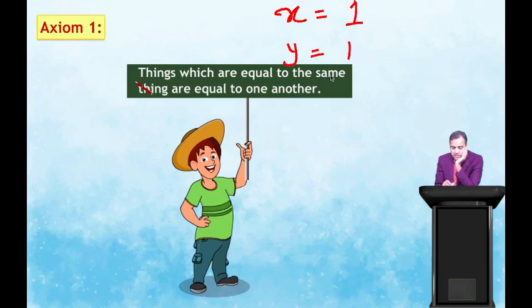We can easily guess that x and y are the same. Here x and y are equal to 1, the same thing, so both are equal. Things which are equal to the same things are equal to one another.